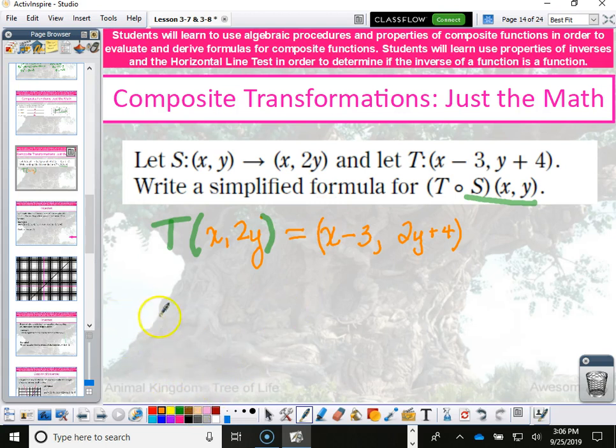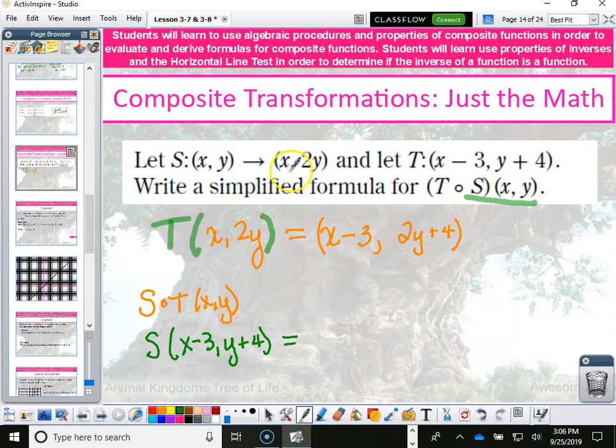Now, what if it had been reversed? What if it had been s following t of xy? Well, we would have started with our translation, right? So we would have had s of our translation, which is x minus 3 and y plus 4, and then we would have substituted those into the scale change.